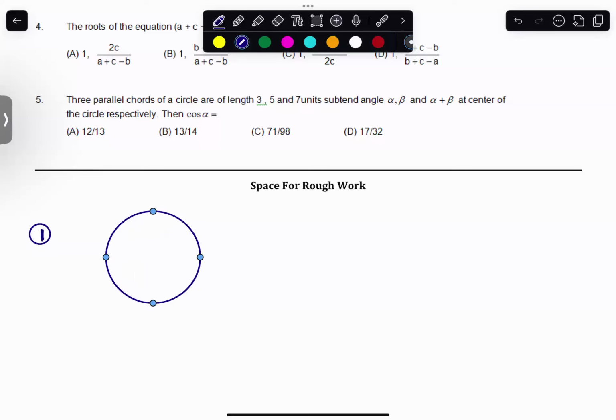This is one of the circles. Let us firstly have the tangent.